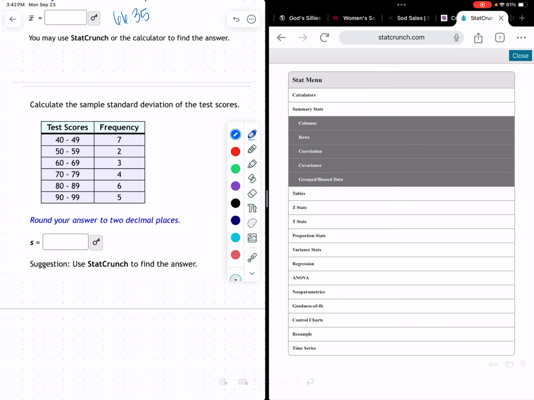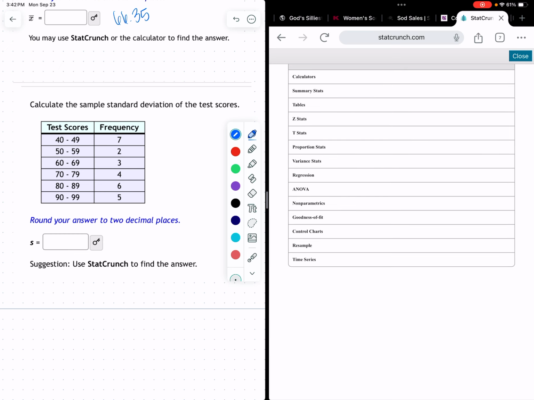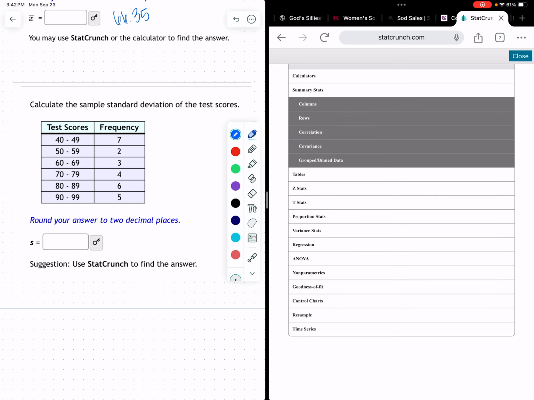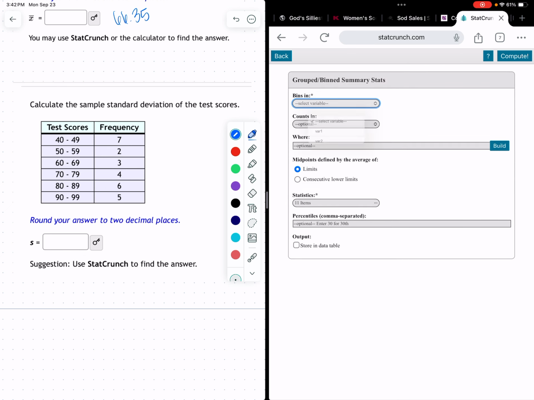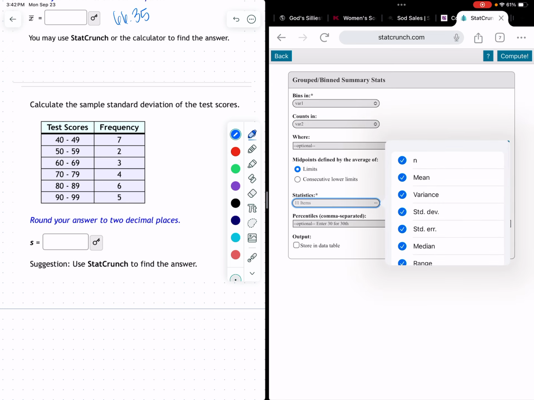So again, I'm going to go to Stat. I'm going to click on Summary Stats. I'm still using grouped/binned data. My bins are variable 1. My frequencies or my counts are in variable 2. This time I want little s. Little s is the standard deviation for the sample.